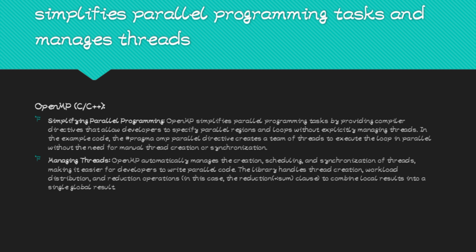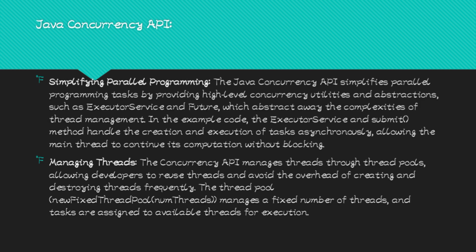It automatically manages the creation, scheduling, and synchronization of threads, making it easier for developers to write parallel codes. The library handles thread creation, workload distribution, and reduction operations in this case. The reduction clause is used to combine local results into a single global result.